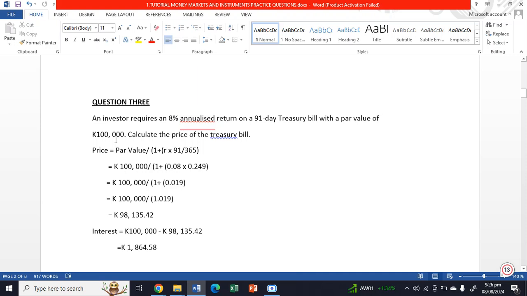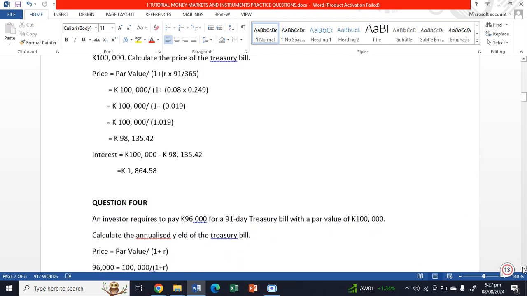That's how much they pay for the treasury bill. Then after 91 days, they're going to get this 100,000, which is also going to be inclusive of the interest that they earn. So with most of these instruments in the money market, once you have the discounted price and the par value, you'll be able to know how much interest you receive.